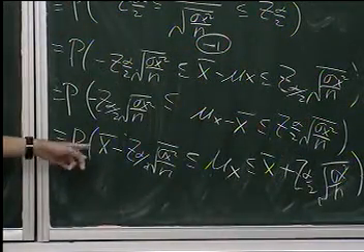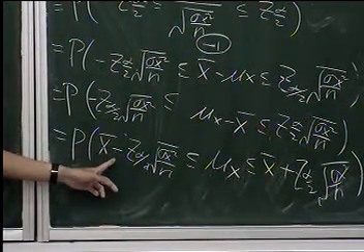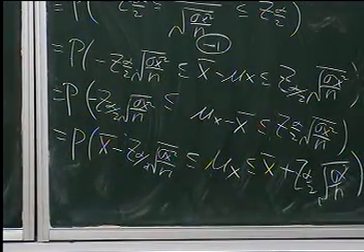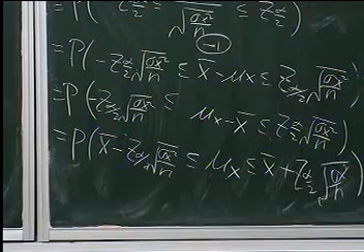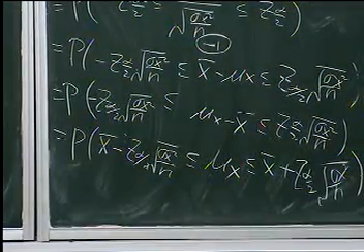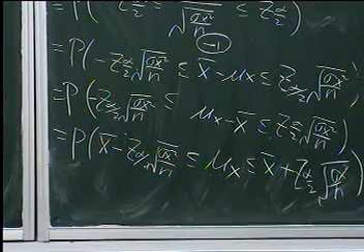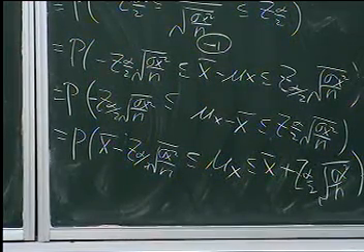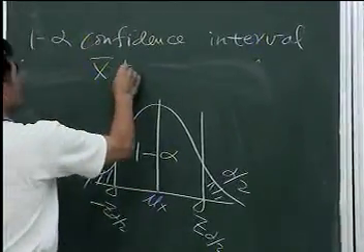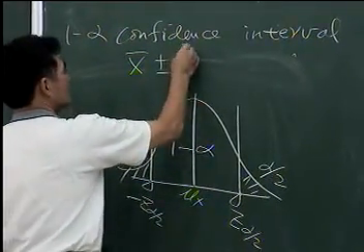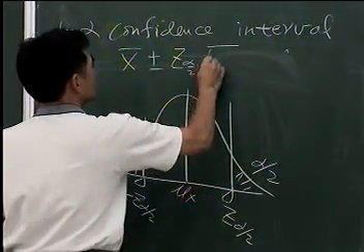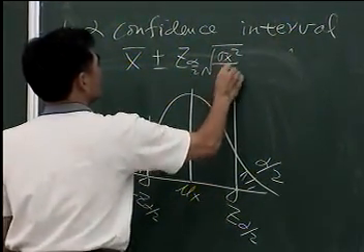Later on, if you are required to get an estimate for the population mean using a confidence interval, you get x bar plus or minus z alpha over 2 times the square root of sigma x squared over n.